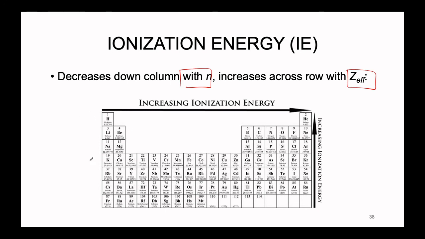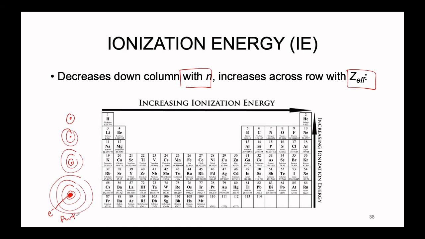As we go from top down on the periodic table, we increase in atomic size. We've talked about this before. But it's not just that we increase in atomic size, it's that we increase in the distance between our valence electron out here and our nucleus, which is where all of our positive charges are. The further this distance is, the more difficult it is for the nucleus to hold on to our valence electron.